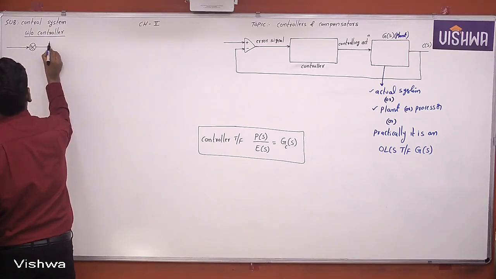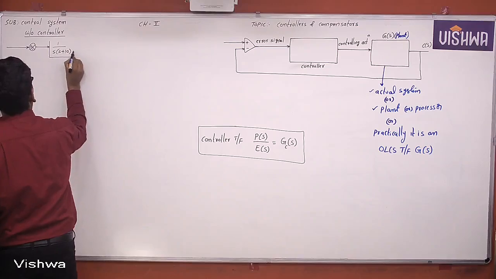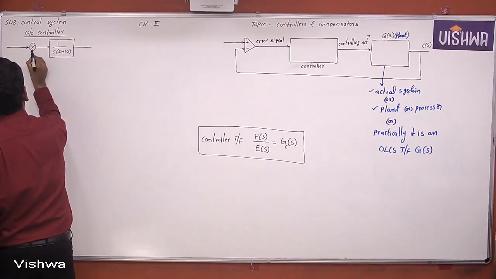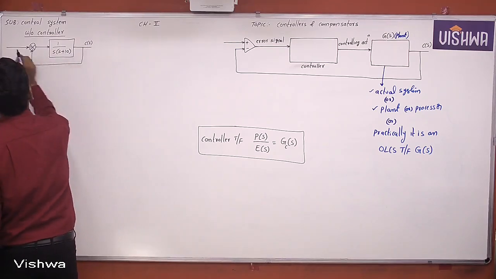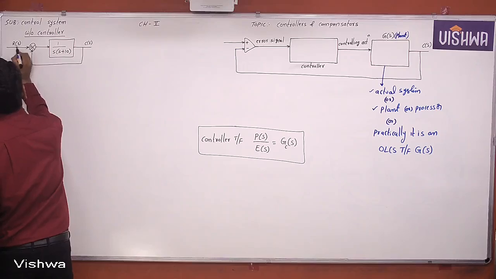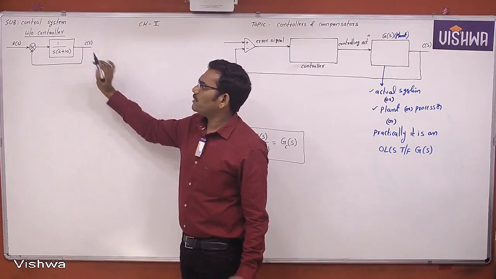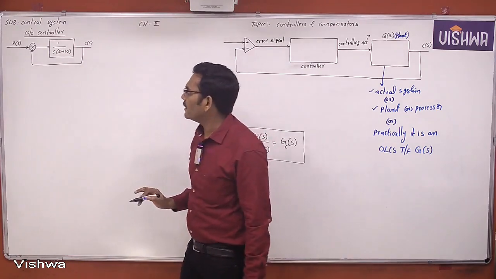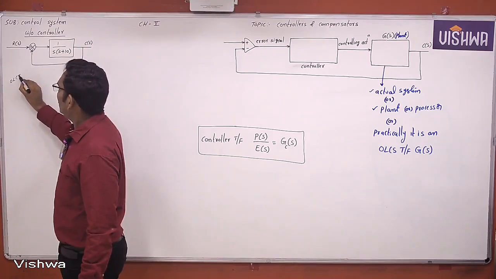Let us take this is the plant, 1 by S into S plus 10, which is practically a pure open loop control system transfer function. Now students, you just observe, this is without controller, there is only the plant, which is a pure open loop control system transfer function.